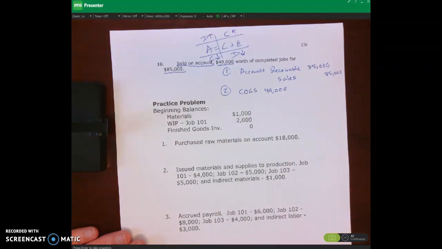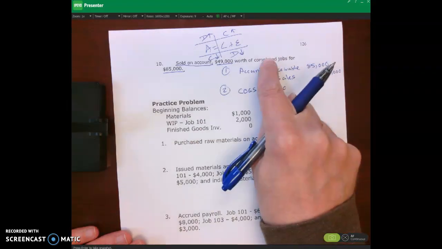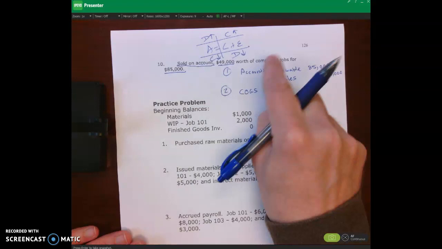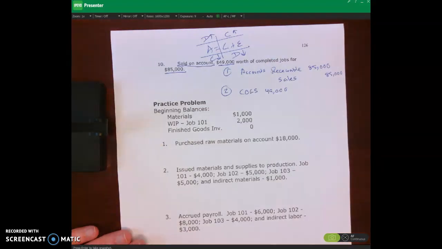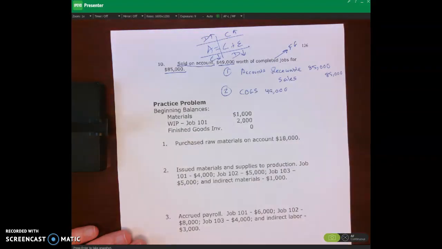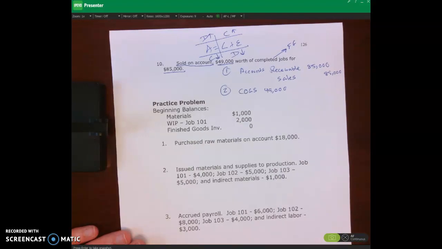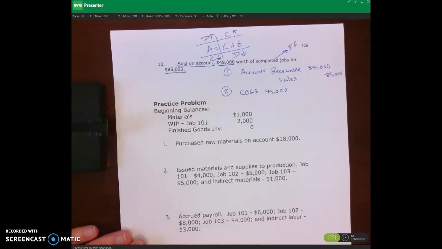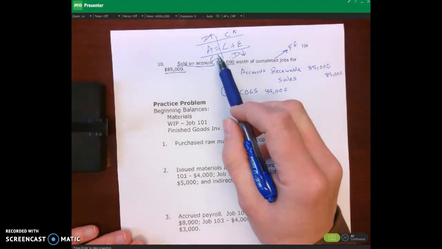Now, do I have this inventory anymore? These completed jobs, that's inventory. Actually, to be more specific, that's FG, finished goods inventory. Do I have that? No, I don't have it anymore because I sold it to somebody. I passed title on to them. So I have to recognize that the value of my finished goods inventory has decreased. Where do we put finished goods inventory?